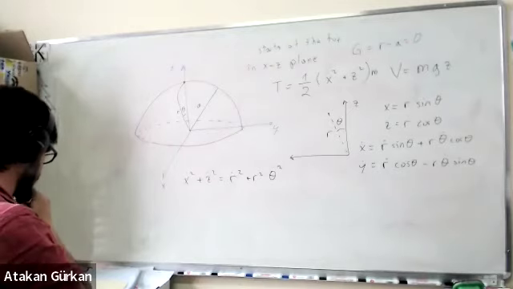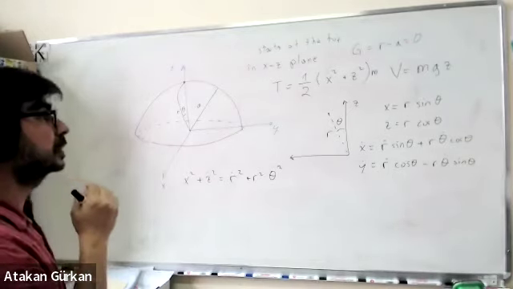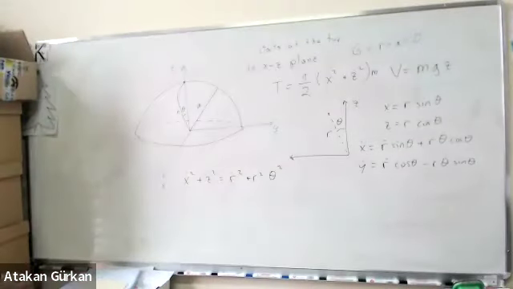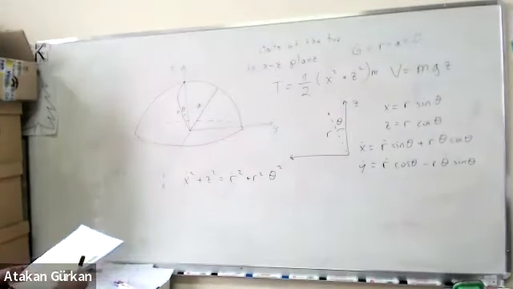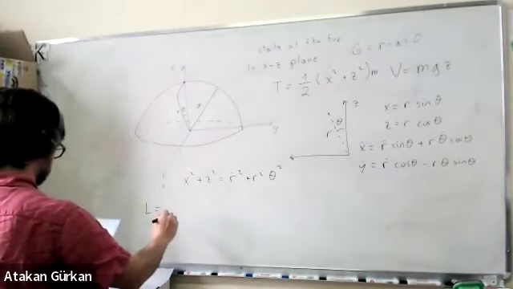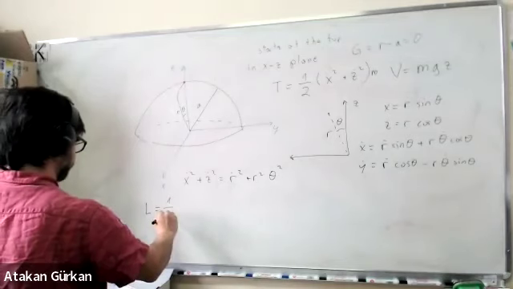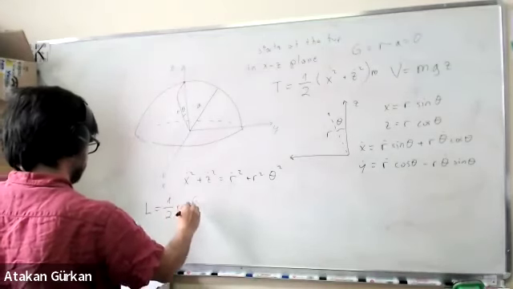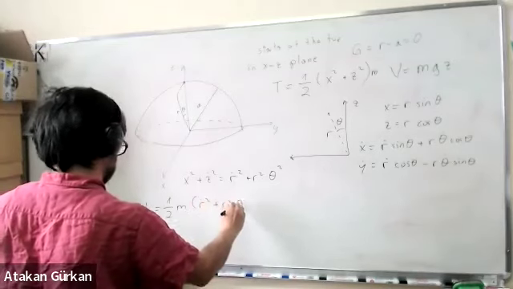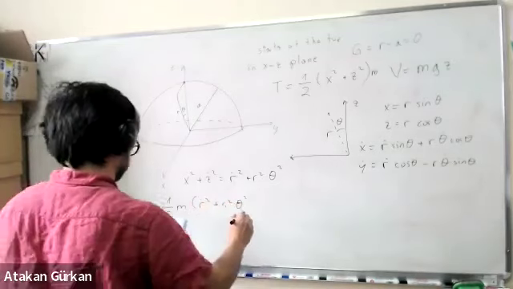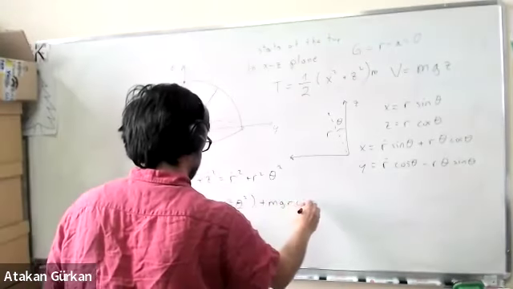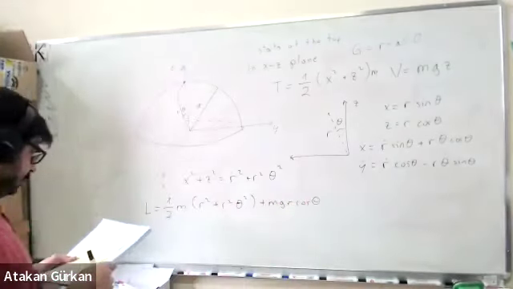Okay, so there's a simplification, and this one is just going to be mg r cosine theta. Now, my Lagrangian then is going to be a half m (r dot square plus r square theta dot square) plus mg r cosine theta.